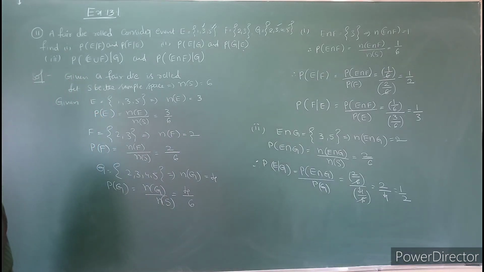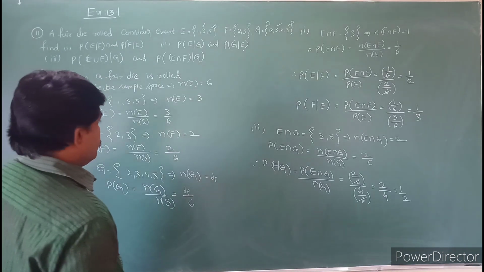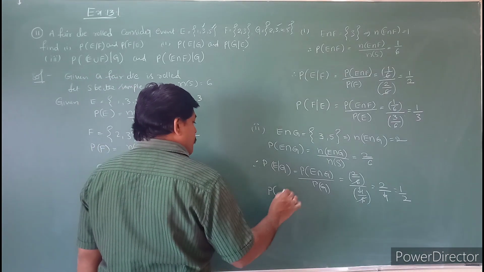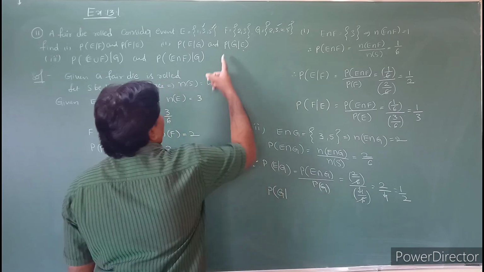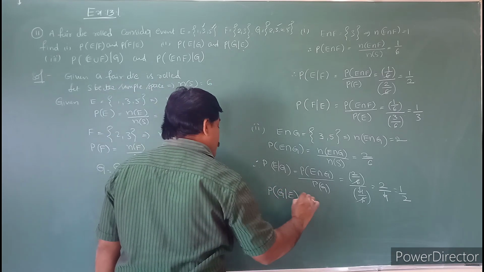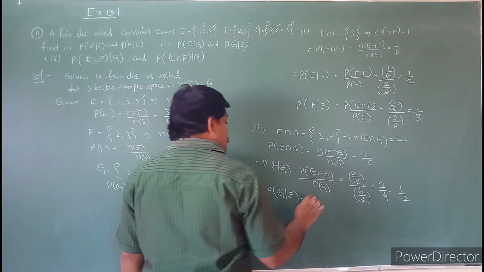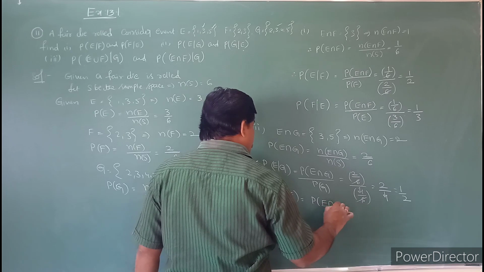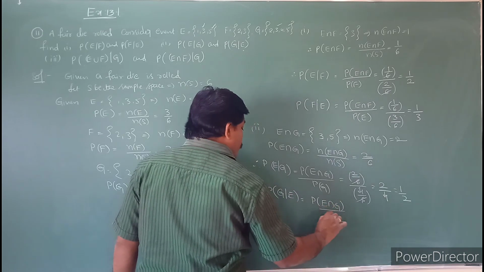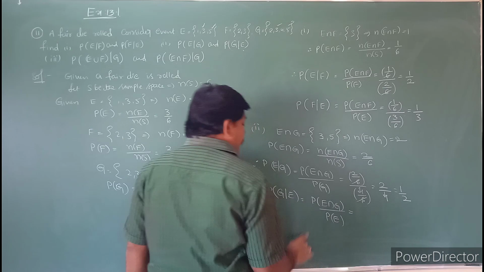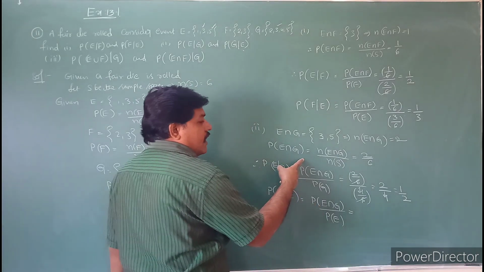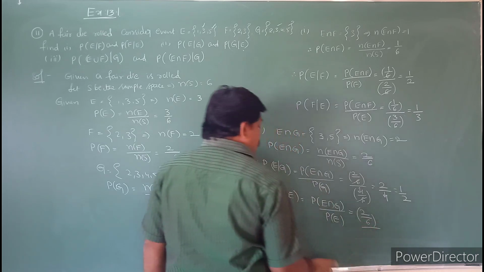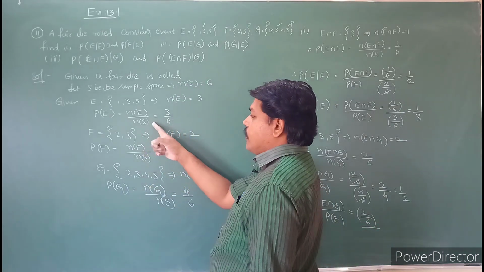After getting this value, you can take P of G given E. P of G given E is equal to the probability of E intersection G divided by the probability of E. The probability of E intersection G, which you have already calculated, is 2 by 6, divided by the probability of E. What is the probability of E?